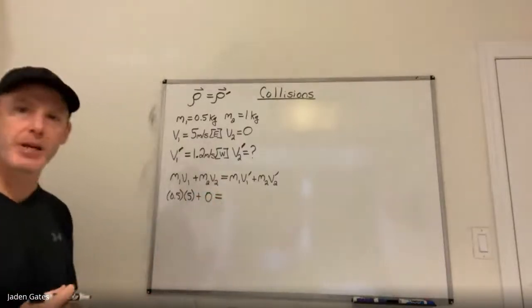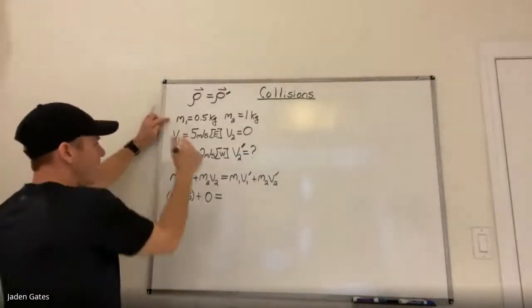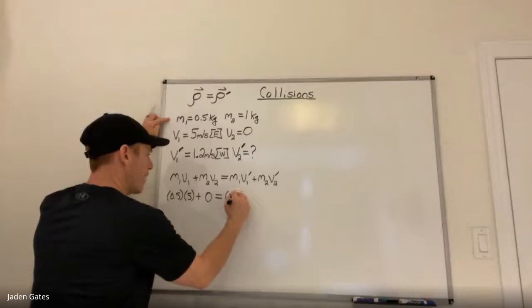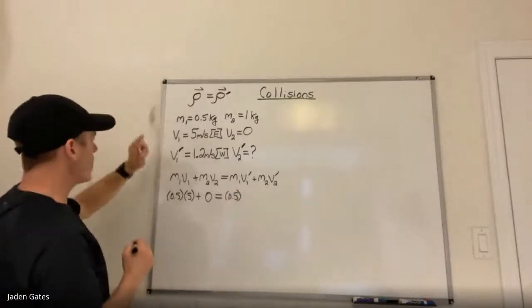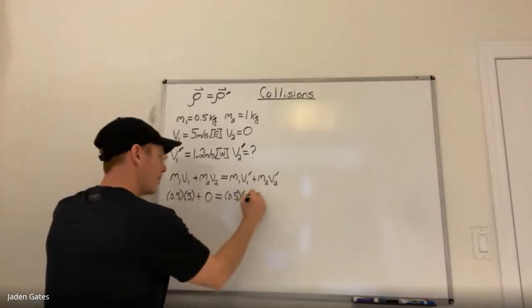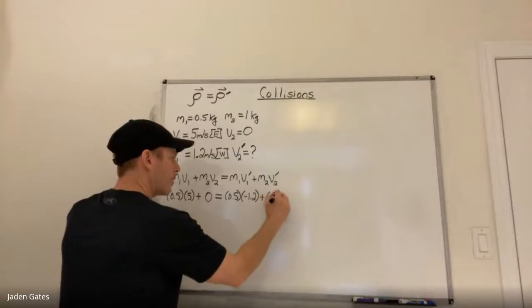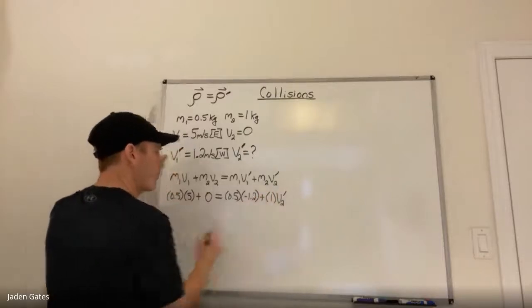You have to have some speed to have some momentum. Plugging in my values, M1 is 0.5, V1 prime is 1.2 west, so a negative 1.2, and my mass 2 is 1, and I am trying to find V2 prime.